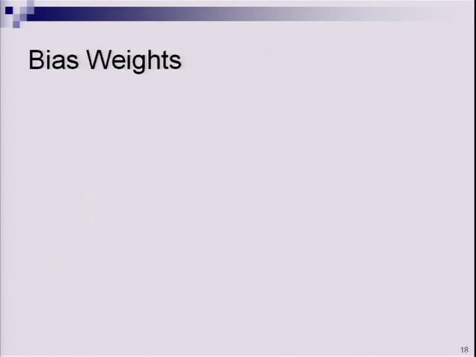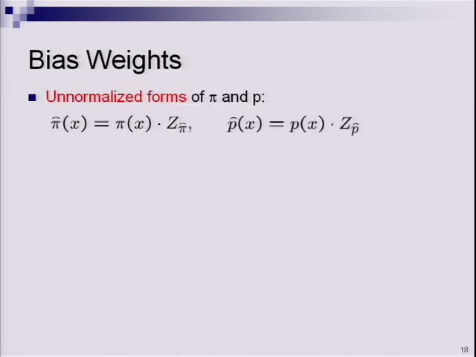What are these bias weights? In order to define them, I need to define what is an unnormalized form of a distribution. A distribution is just, in our case, we talk about a discrete distribution over finite domains. So these are just functions from the domain to the interval 0, 1, and they sum to 1 over the domain.